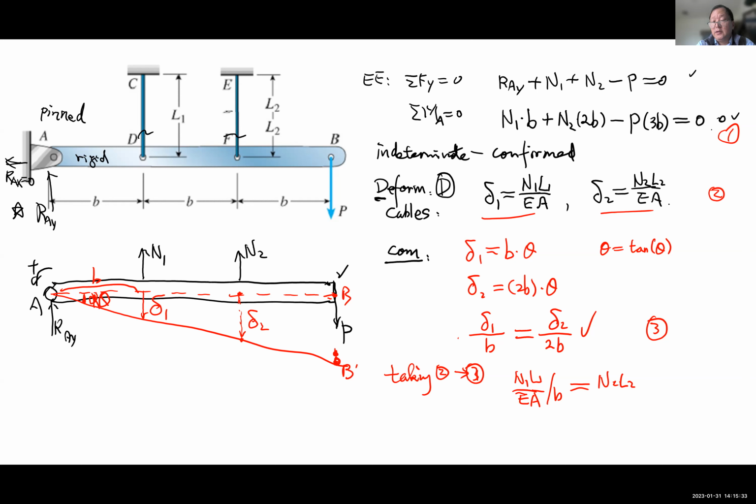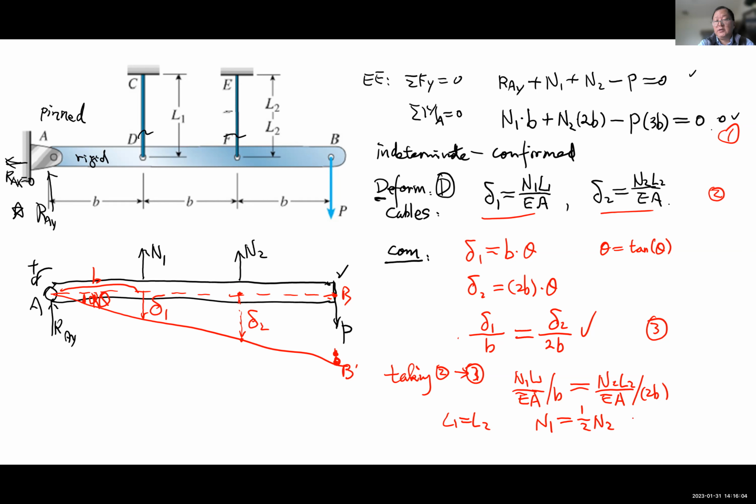If we assume L1 equals L2, then immediately I get N1 equals half of N2. If L1 is not equal to L2, then there will be a proportional ratio with the L1, L2 ratio.